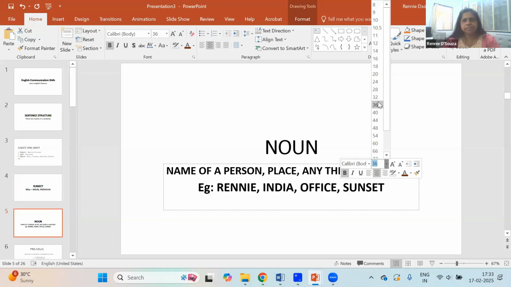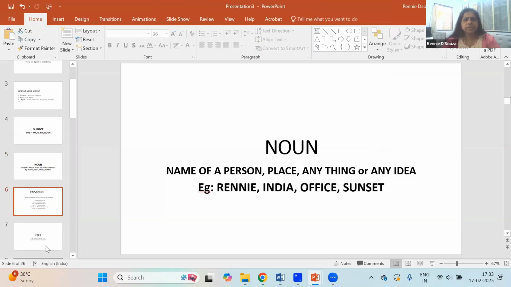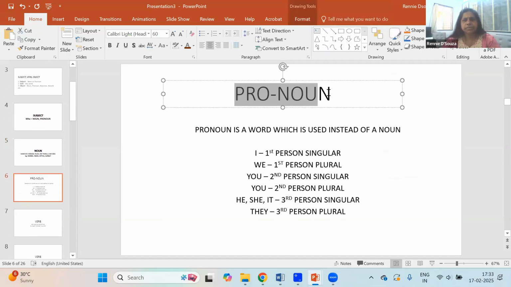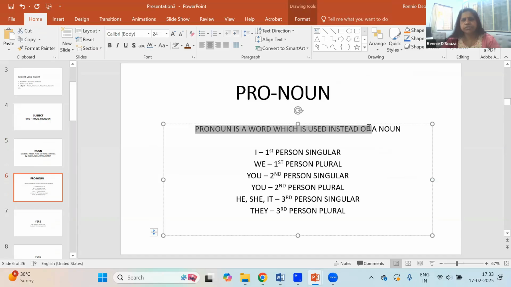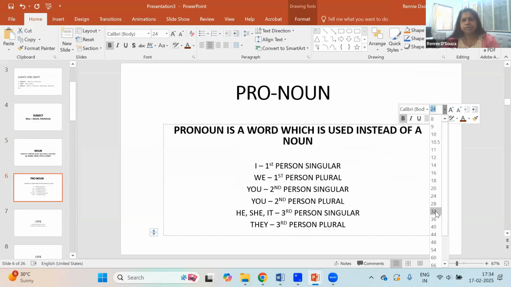So name of a person, place or anything or any idea is called noun. Alright. Then we have seen pronoun. What is pronoun? Pronoun is a word which is used instead of a noun.